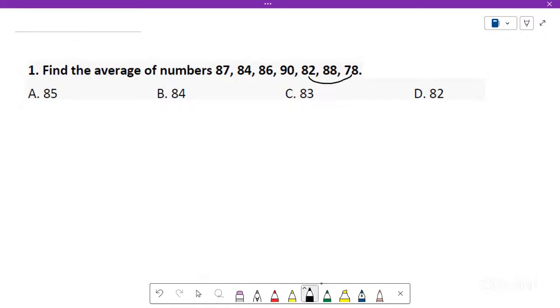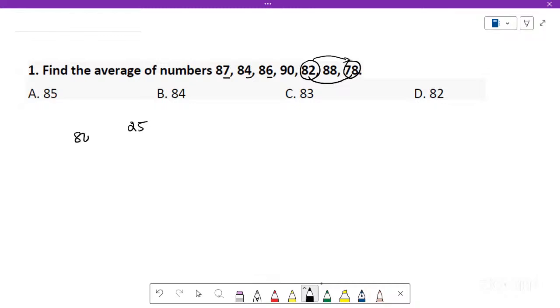So these two, here we have two. These two, if you take here, both will be 80. Now consider only the differences. Here we have 7 plus 4 is 11 plus 6 is 17 plus 8 is 25.